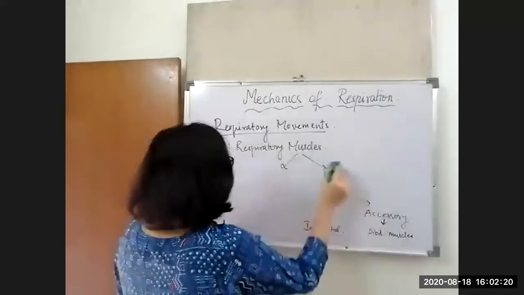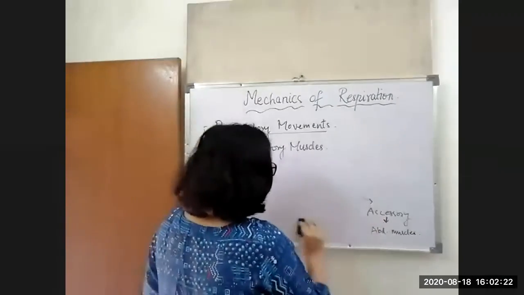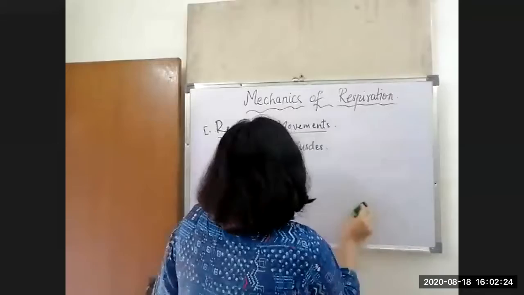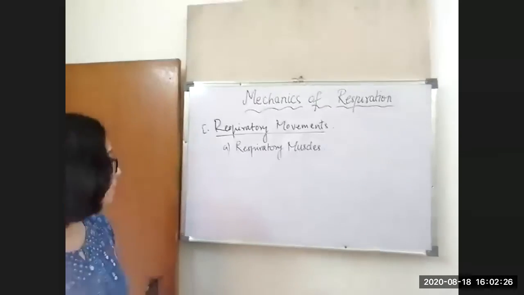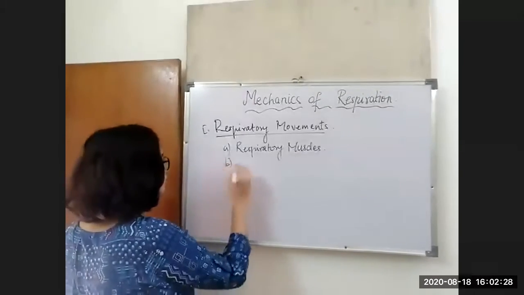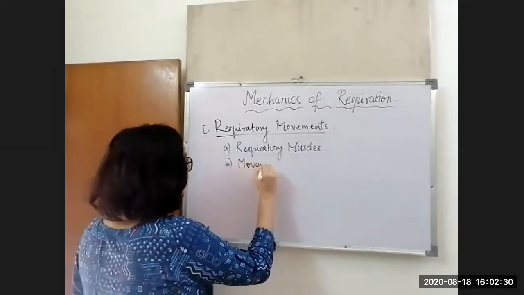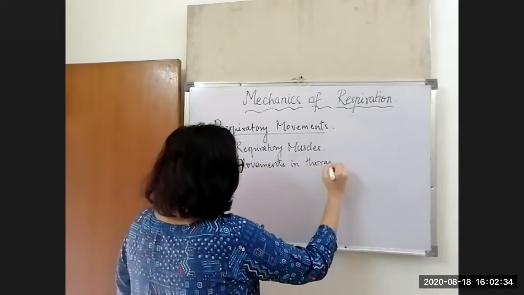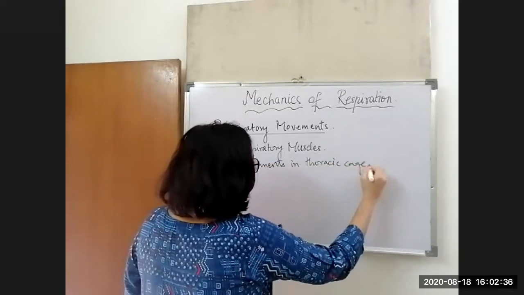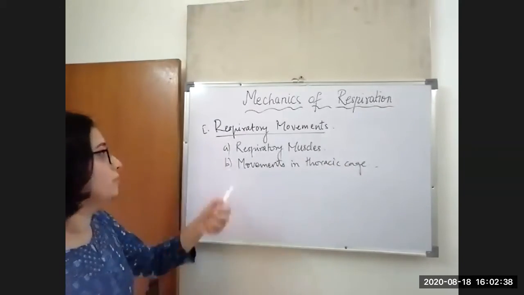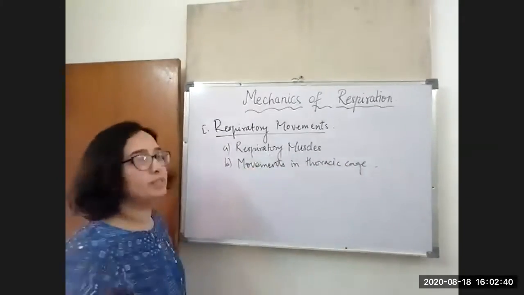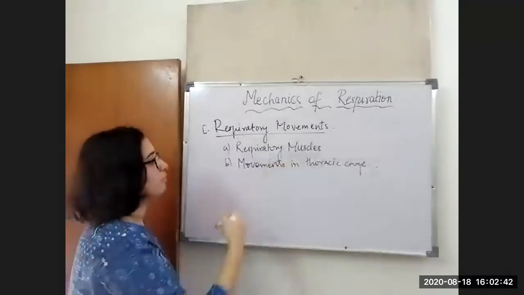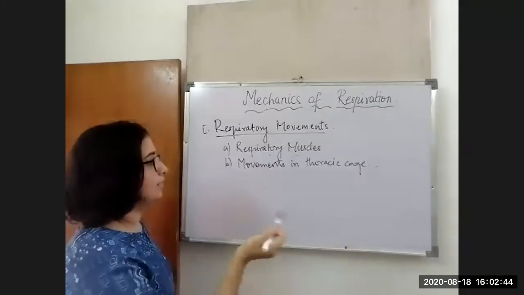Okay, so now the second part, that is movement in the thoracic cage. Okay. So in respiratory movements, first were the muscles which are involved in respiration, inspiration and expiration.